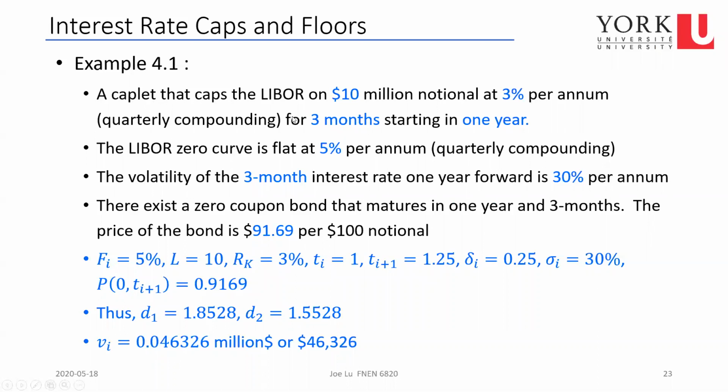Now the caplet is for 3 months, starting in 1 year. So we're basically looking at Ti equal to 1 year, and the period Ti+1 minus Ti is basically 0.25. So Ti+1 is 1.25.